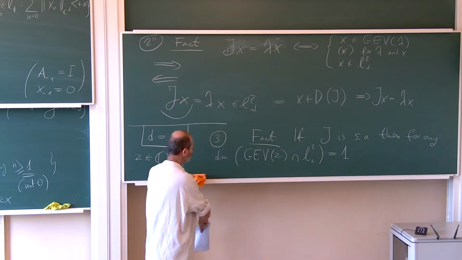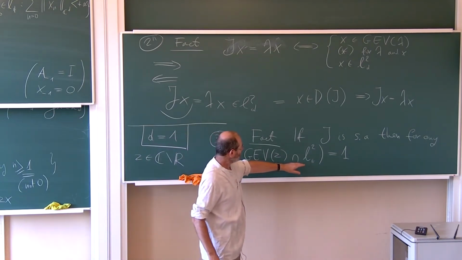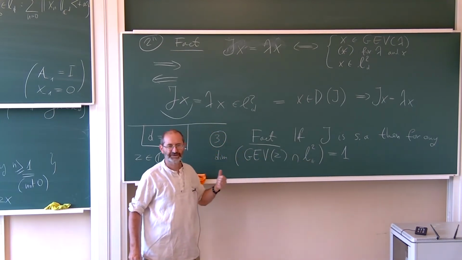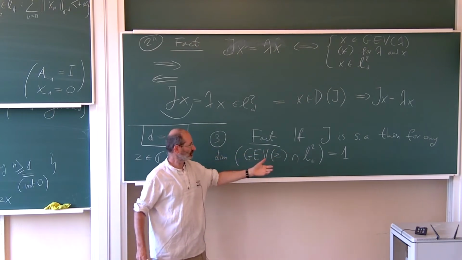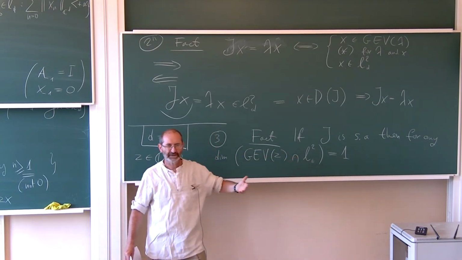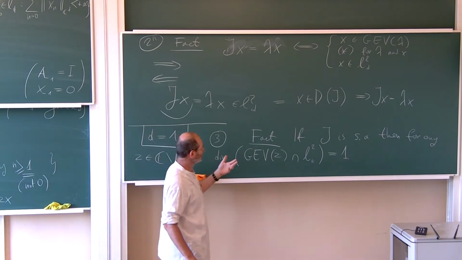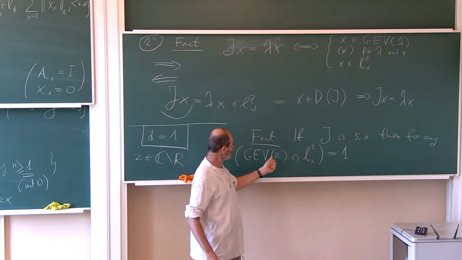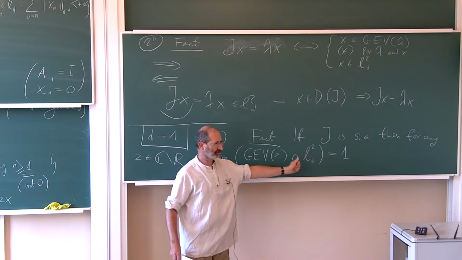And it's easy to prove because, first of all, the maximal dimension is 2, since the space of generalized eigenvectors is two-dimensional. But it cannot be two-dimensional, because then each generalized eigenvector is in L2.